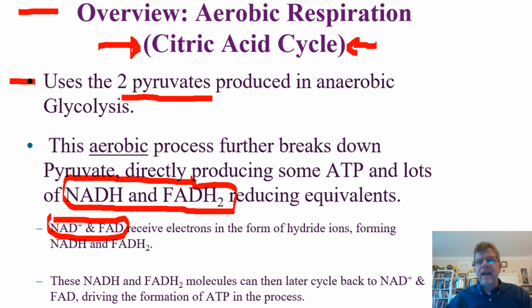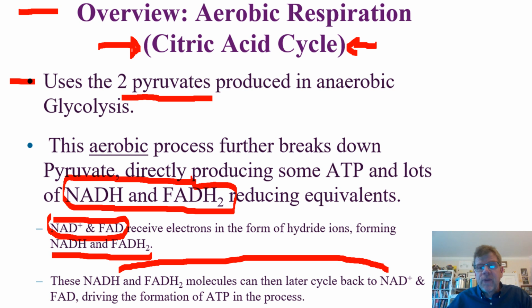They receive those electrons inherent in the hydride ions, forming these reducing equivalents. That's a good thing. So as I said before, these reducing equivalents will cycle back from NADH to NAD and from FADH2 to FAD, but as they do, that will drive ATP formation.